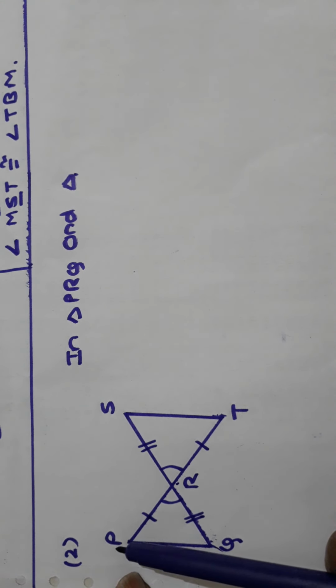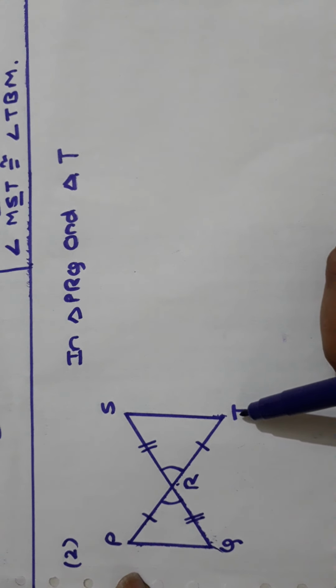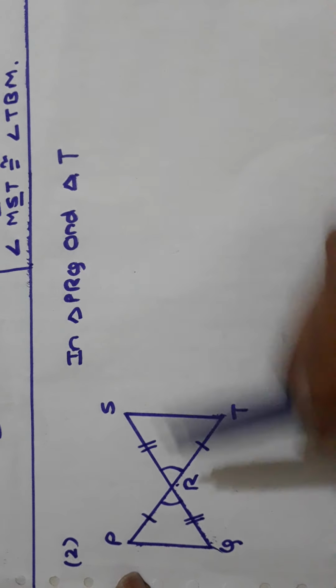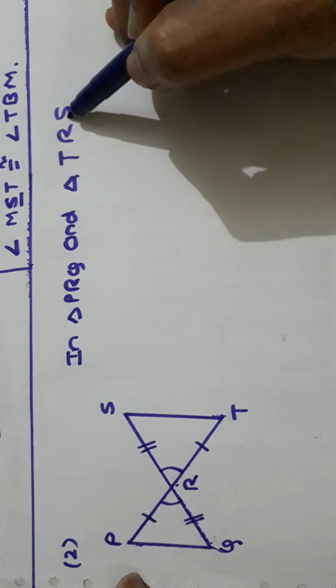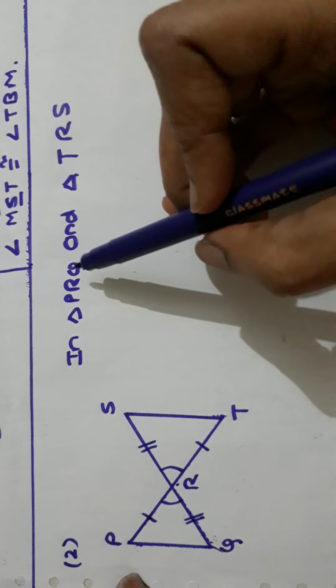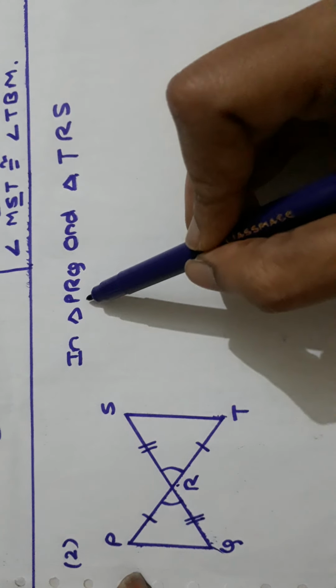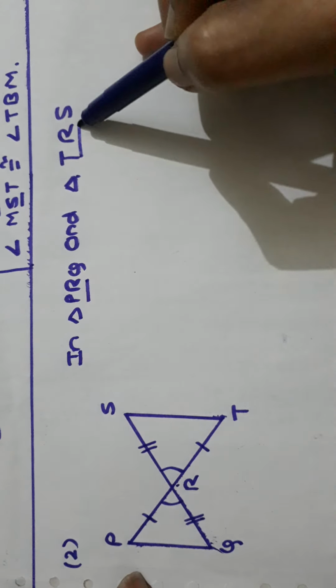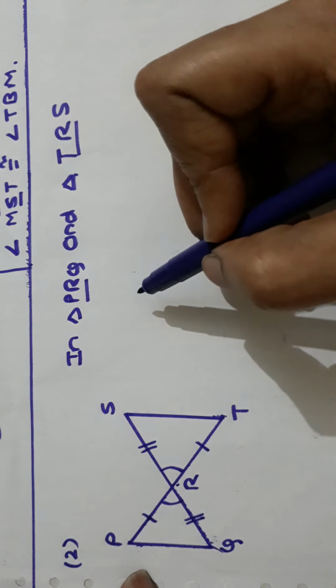Now since I started at P, for the next triangle I start at a vertex opposite to P. So the vertex opposite to P is T, and then from T to R, and then S, PRQ and TRS. So check whether you have taken the correct triangles. PR is congruent to TR. Yes, it's correct.